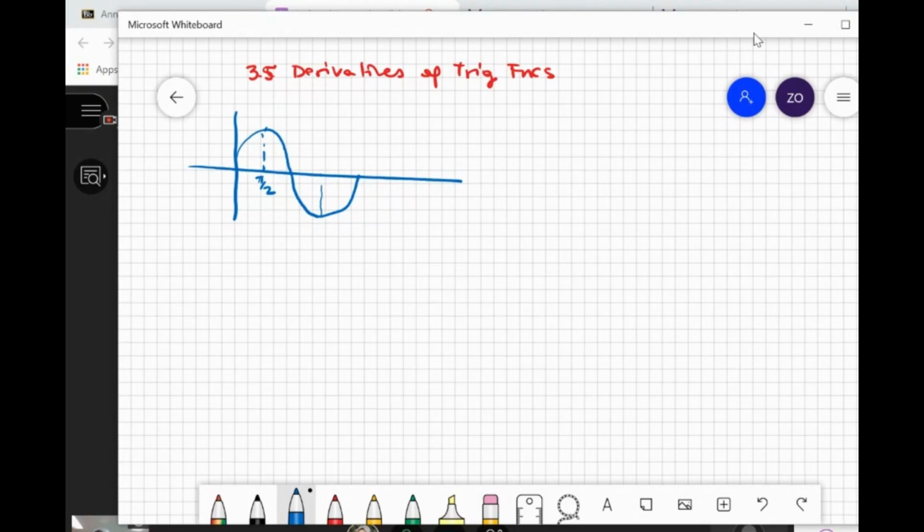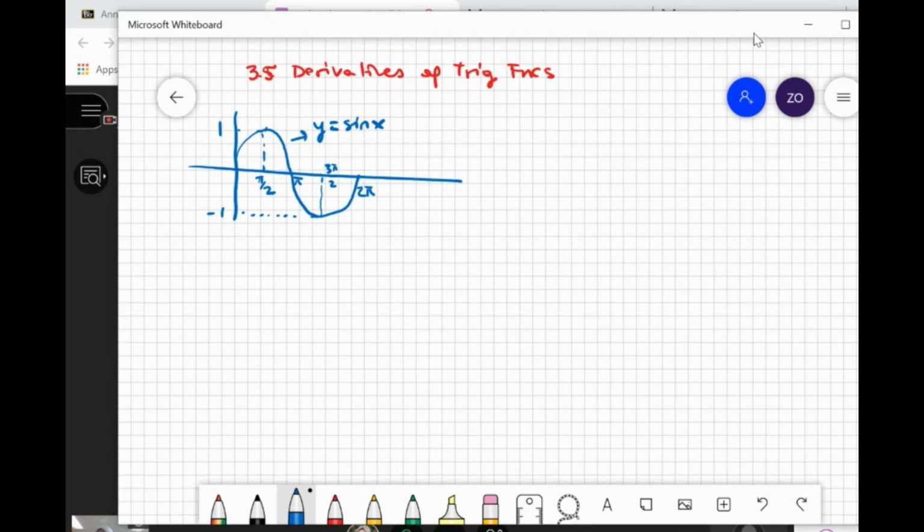Well, sorry, this is supposed to be 2 pi. So it is positive until pi, and at 3 pi over 2, it becomes negative 1. So the values change between 1 and negative 1. So this is the curve. This is the graph of y equals sine of x.